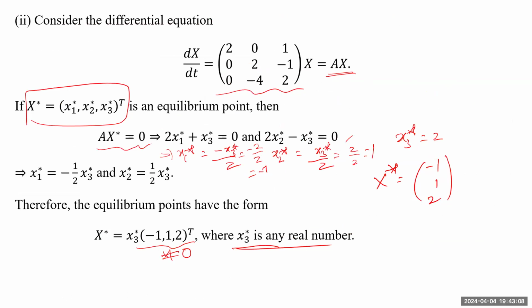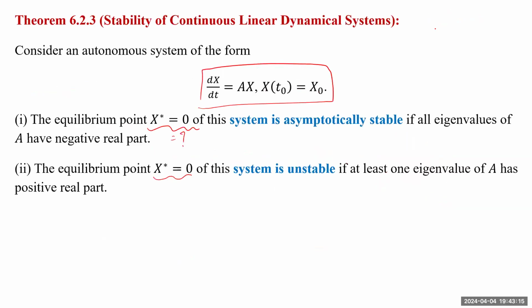Remember that for the equilibrium point there are three possibilities. The equilibrium point may or may not exist. If it exists, it is one or more than one. Here I am emphasizing only the zero equilibrium point. So what is that meaning?